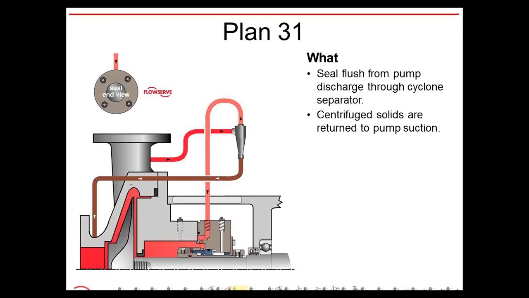That and a Plan 13, which is the one I was telling you about that goes from the seal itself back to suction. The Plan 13, again, I was telling you, had that natural centrifugal action by throwing the solids away. You will get the same type of advantage by running a Plan 13 as you would by adding this Plan 31 cyclone separator.